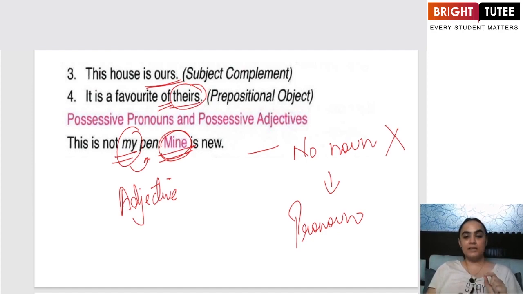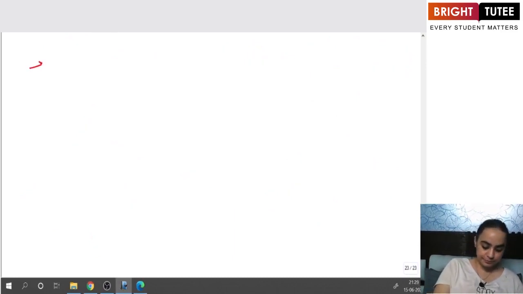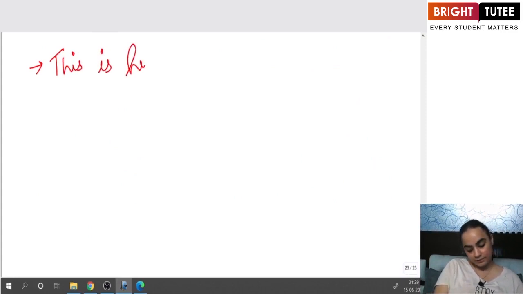And if in a sentence we have both a noun as well as a word like his, her, my, your, then that is an adjective because it is used along with a noun. So this is the difference between a pronoun and an adjective. If I give you another example, this is her house.